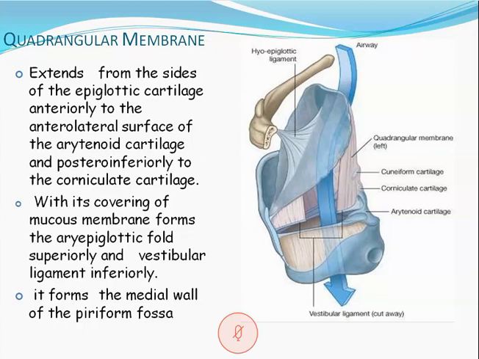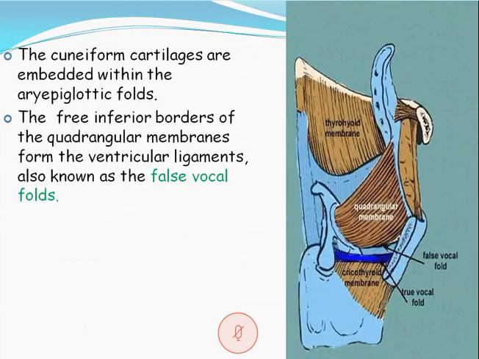It forms the medial wall of the pyriform fossa. Cuneiform cartilages are embedded within the aryepiglottic folds. The free inferior borders of the quadrangular membranes form the ventricular ligaments, also known as the false vocal cord. See this one.